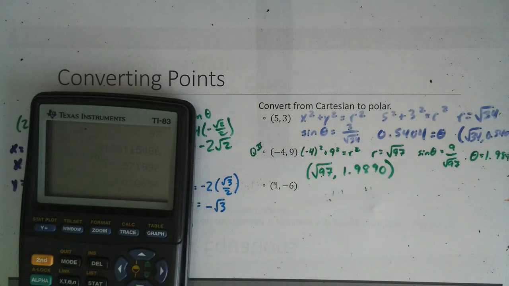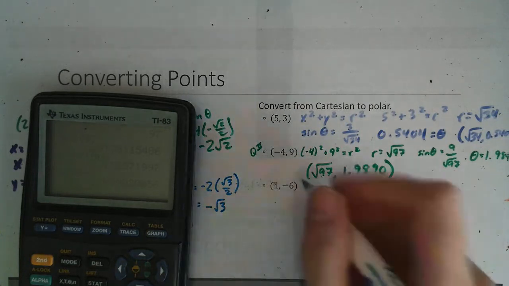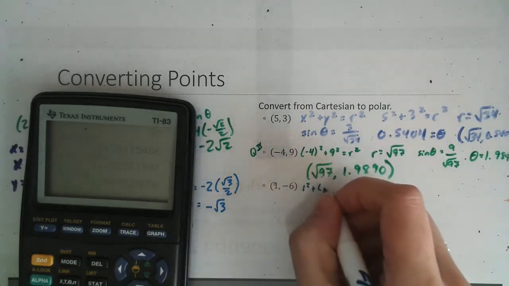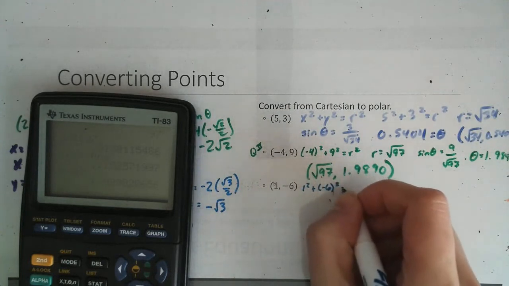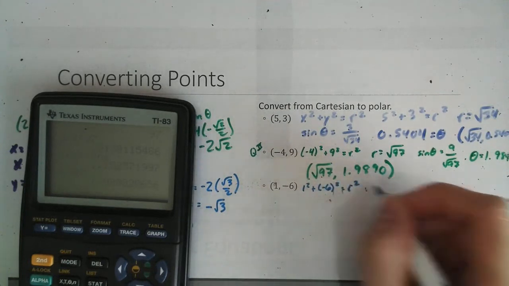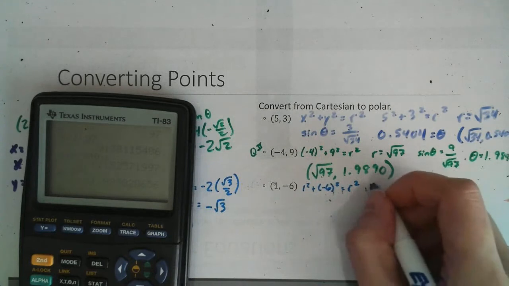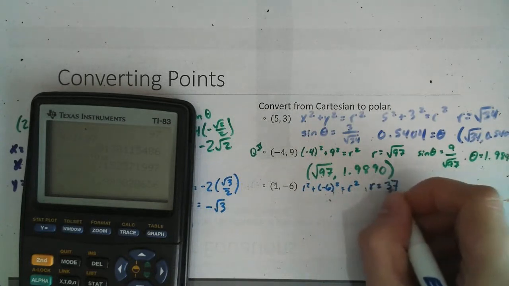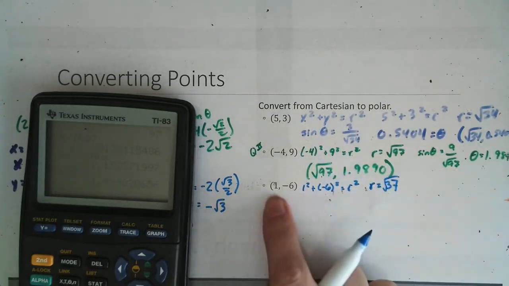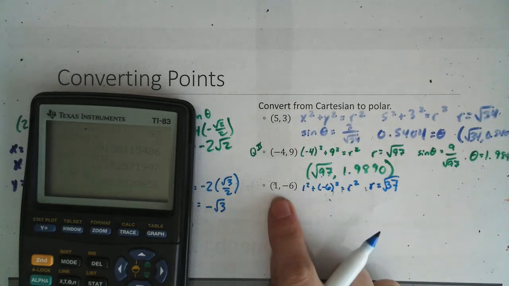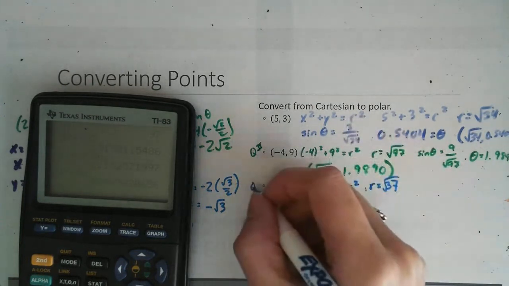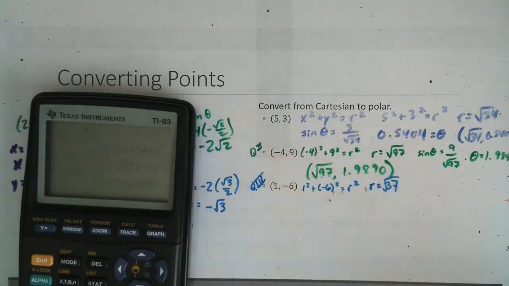Finally, we're looking at 1 comma negative 6. 1 squared plus negative 6 squared is r squared. That means r is the square root of 37. We have a positive x and a negative y. That puts us in quadrant 4.